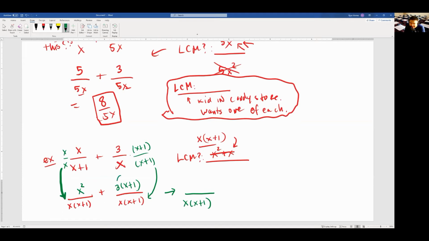What we want to do is distribute this and then add this all together if there are any like terms. But as one single fraction, we get x squared plus 3x plus 3 all over x parentheses x plus 1.